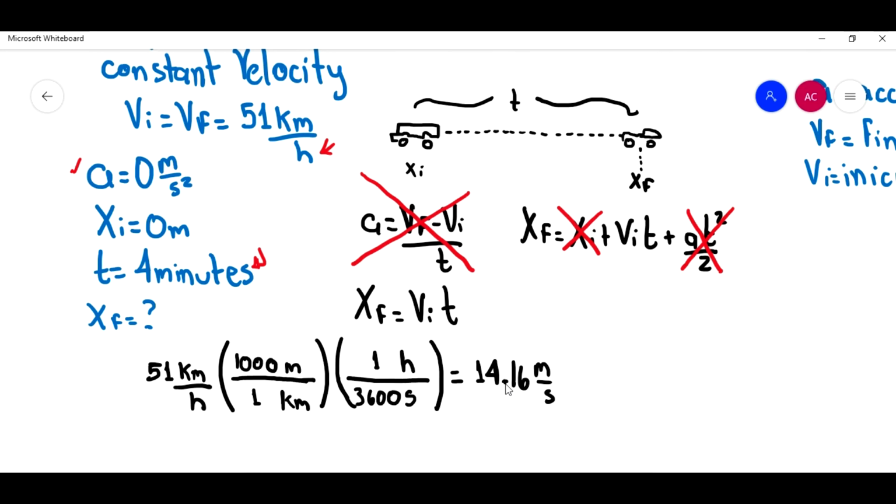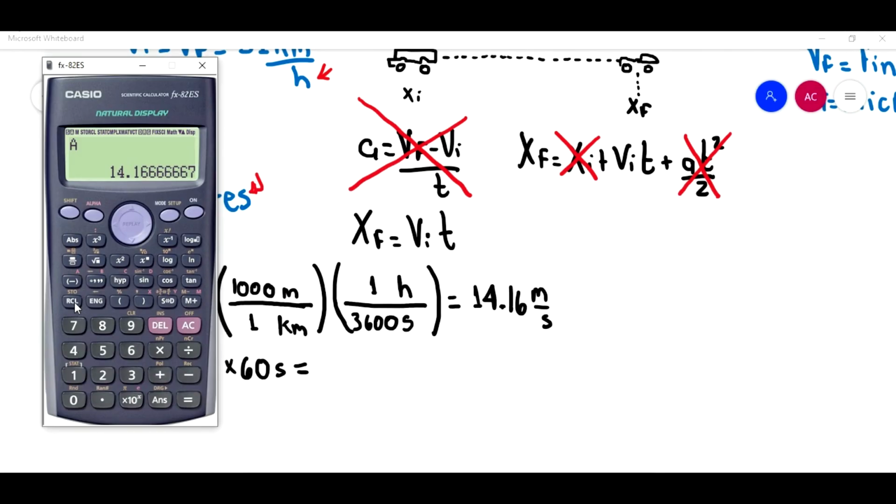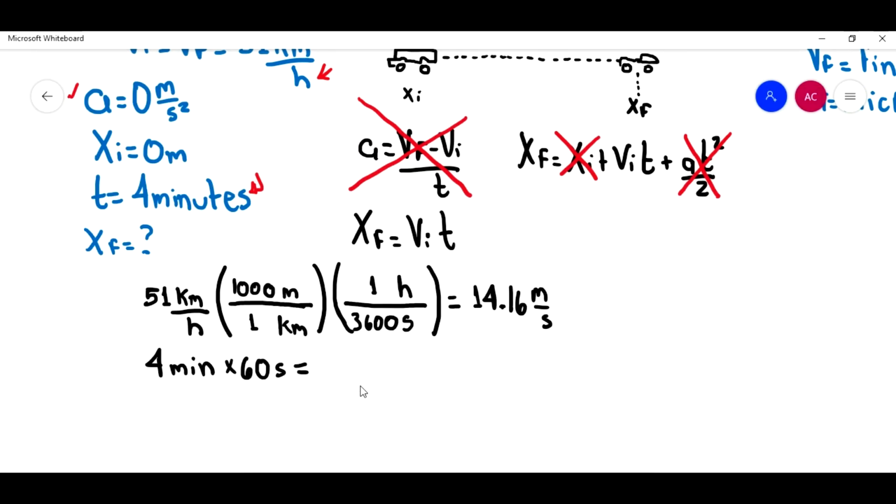Okay, and also the time is 4 minutes. The only thing that I'm going to do is multiply them by 60 seconds, because 1 minute has 60 seconds. So how much is that? 4 times 60 seconds, 240 seconds.